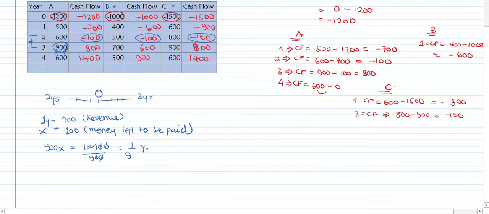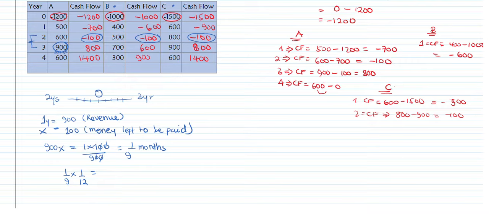And this is in months. So we'll be able to get the 100 in 1 over 9 months. But we want to work in years, right? So that is going to be 1 over 9 by 1 over what? 12, right?